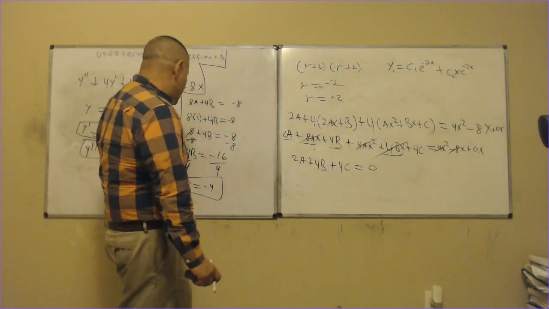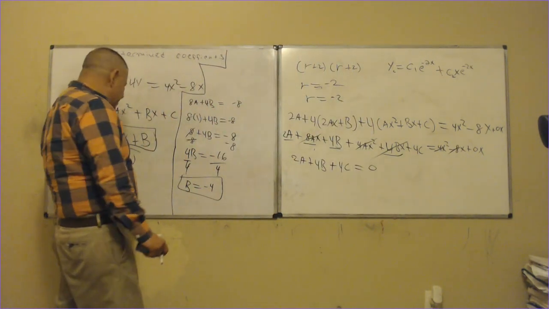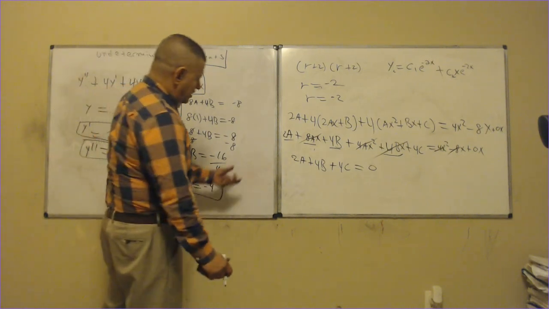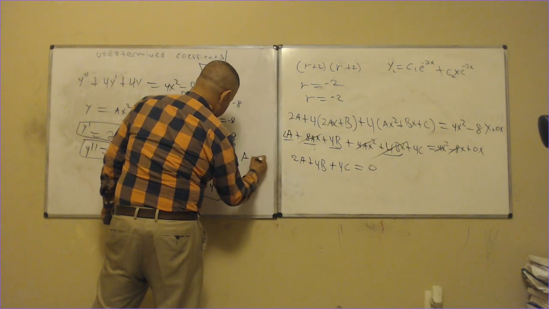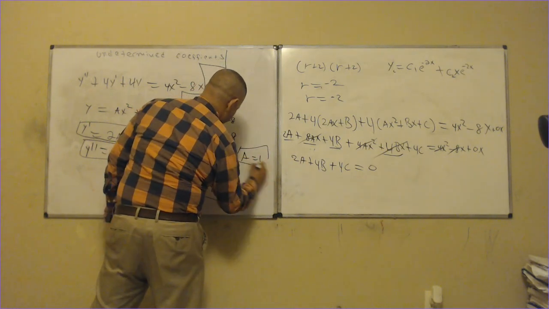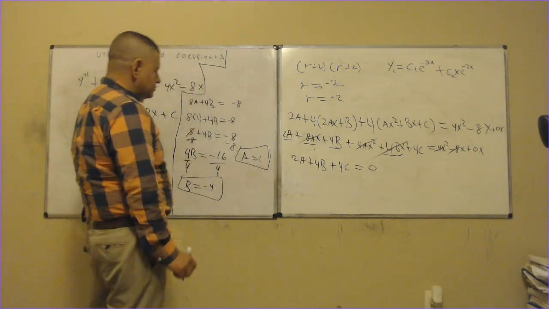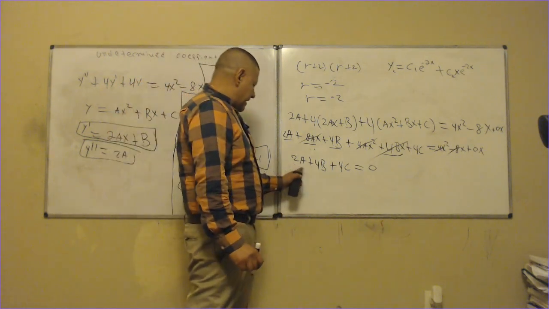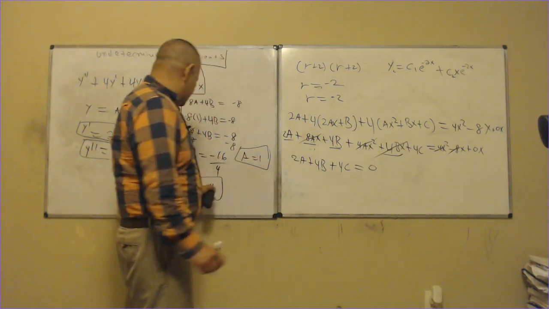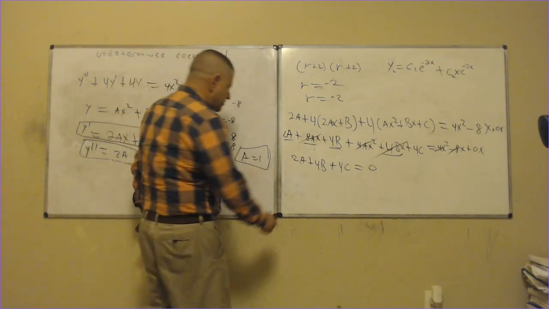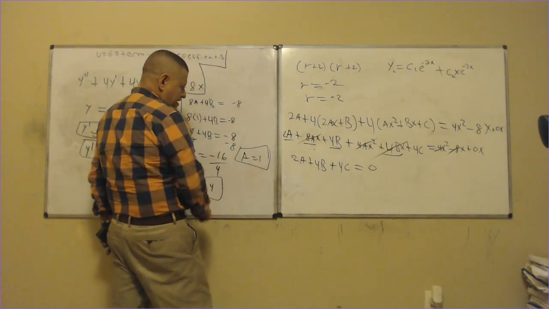Okay, so what do I verify the value of? Well, a was equal to 1. I got some variables over here that can be substituted by these values. I got my a, I got my b, right?